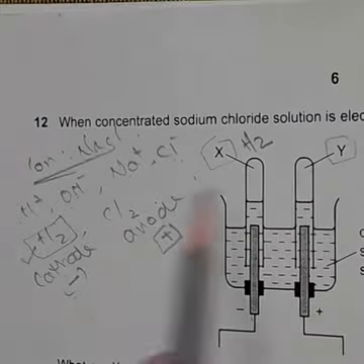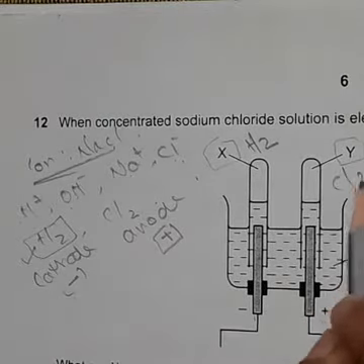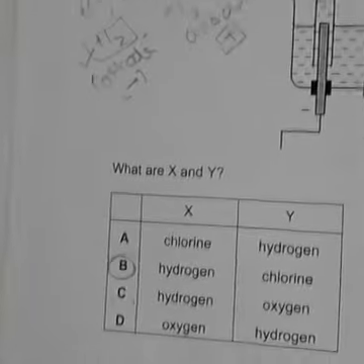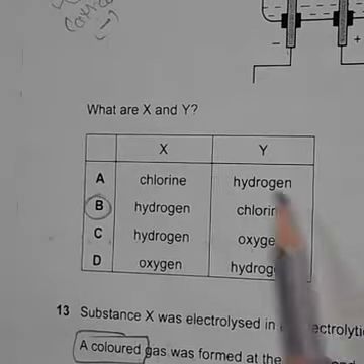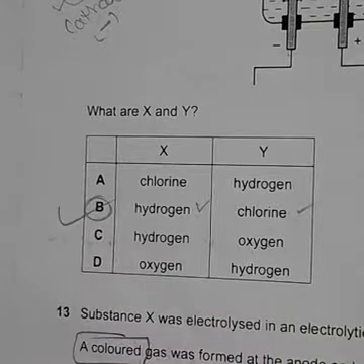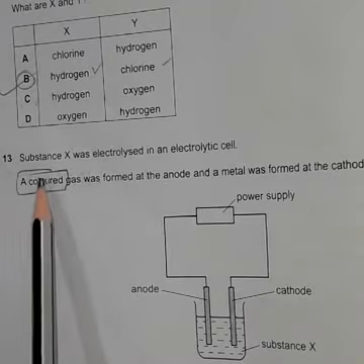The positive electrode will be chlorine gas. So X is hydrogen, Y is chlorine. This is the answer. Clear?